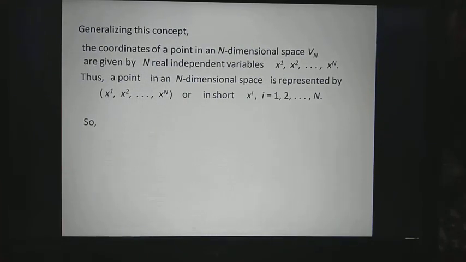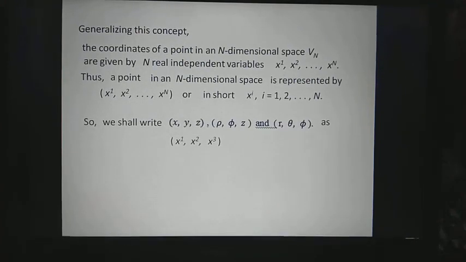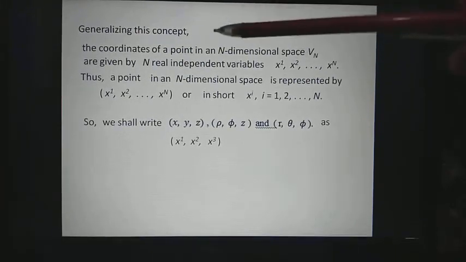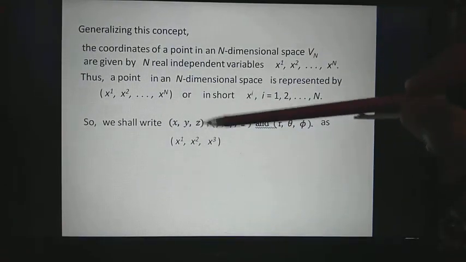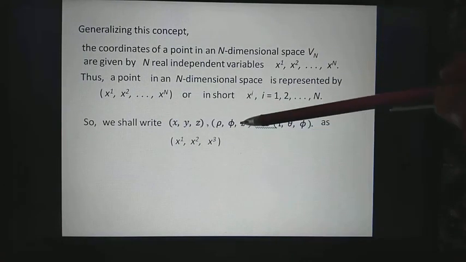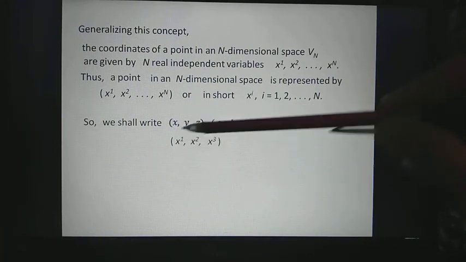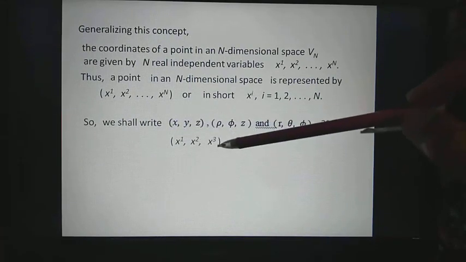So, we shall write x, y, z; rho, phi, z; and r, theta, phi as x1, x2, x3. That is, in x, y, z, this x is x1, y is x2, z is x3. In rho, phi, z, rho is x1, phi is x2, z is x3.